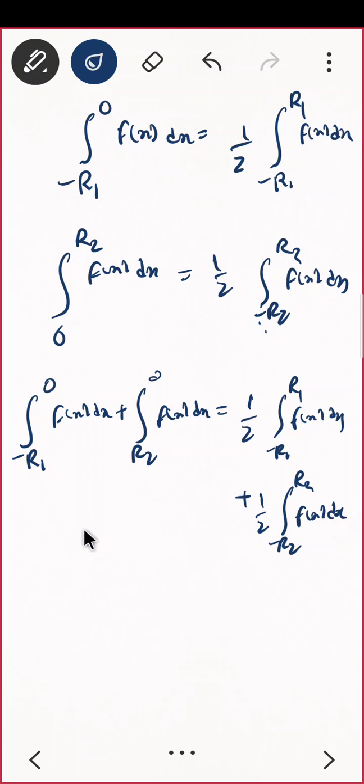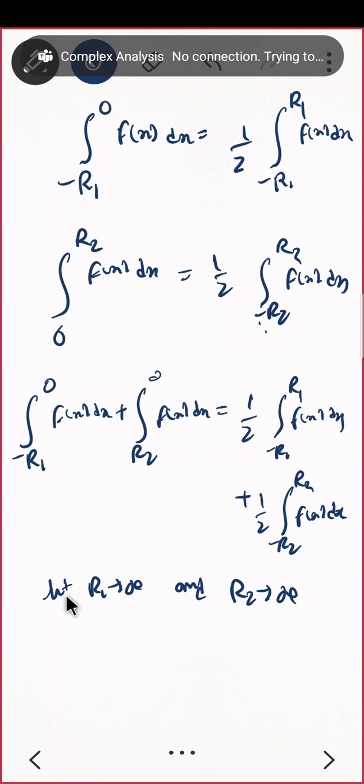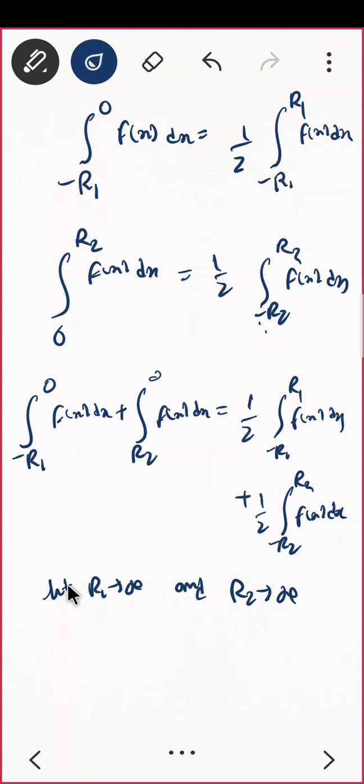Okay, if we let r1 go to infinity and r2 also go to infinity, what can you see then?